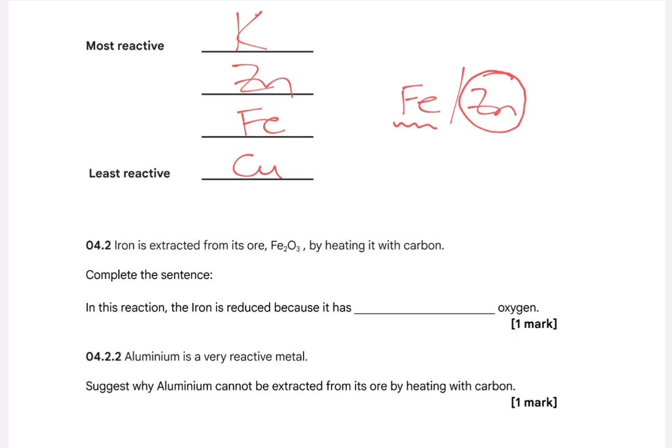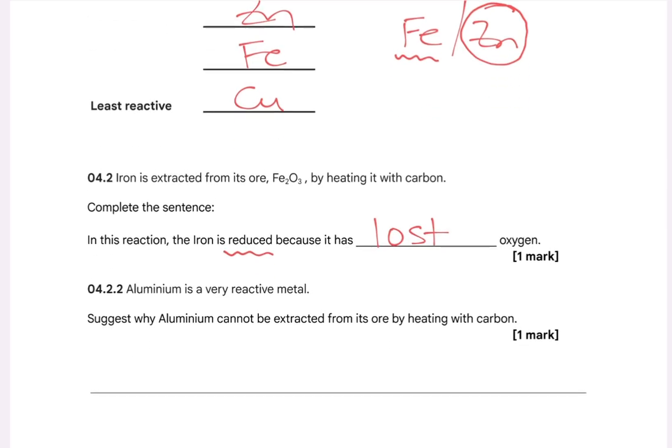So we have to complete this sentence by saying in this reaction the iron is reduced because it has lost oxygen. If it gains oxygen, that would be called oxidation. This has been reduced and therefore it has lost the oxygen that it's attached to. So the iron oxide just becomes iron.